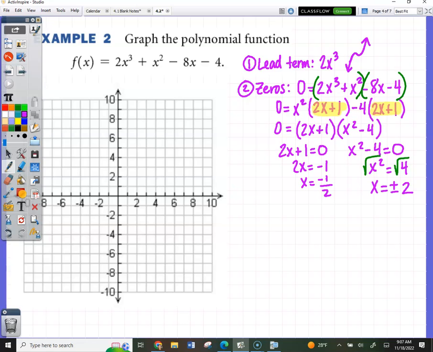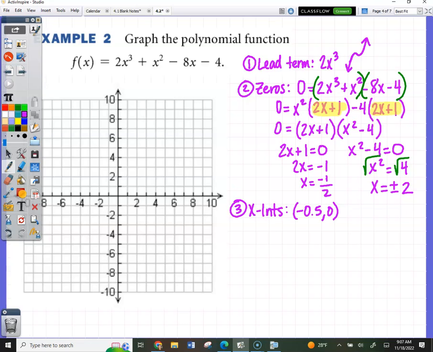You translate them to points. So you tell yourself, okay, so these are my x-intercepts. I've got negative 1/2, 0. I'm going to write that as a decimal. And what multiplicity did that come from? Well, if you look back up at it, it had a 1.